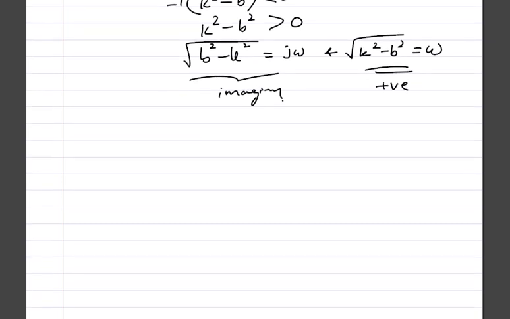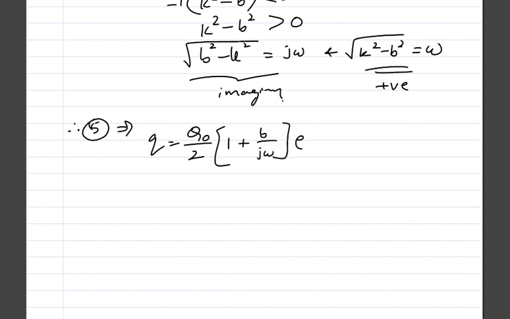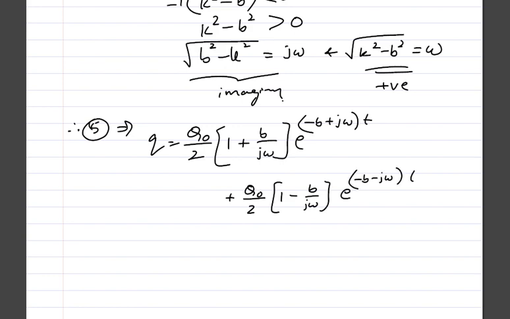Okay, so therefore equation 5 implies q is equal to q naught by 2 into 1 plus b by j omega into e to the power minus b plus j omega into t, plus q naught by 2 into 1 minus b by j omega into e to the power minus b minus j omega into t.